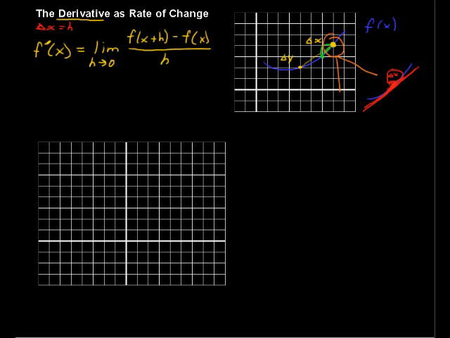So this is the change in y over the change in x. Change in y over change in x. The limit of the change in y over change in x, and that's the slope. So the change in y, that's this function, and I should really do it from x plus h, so to the right of x, and this little distance of h.